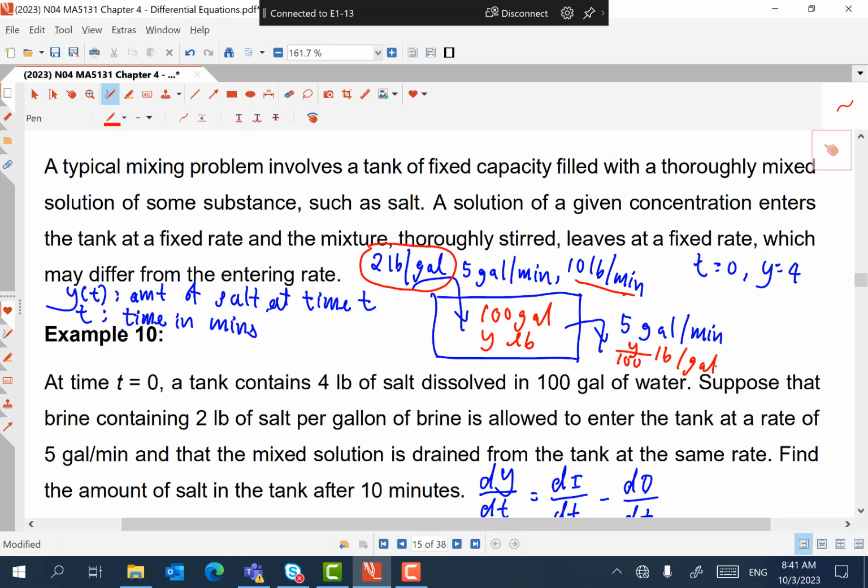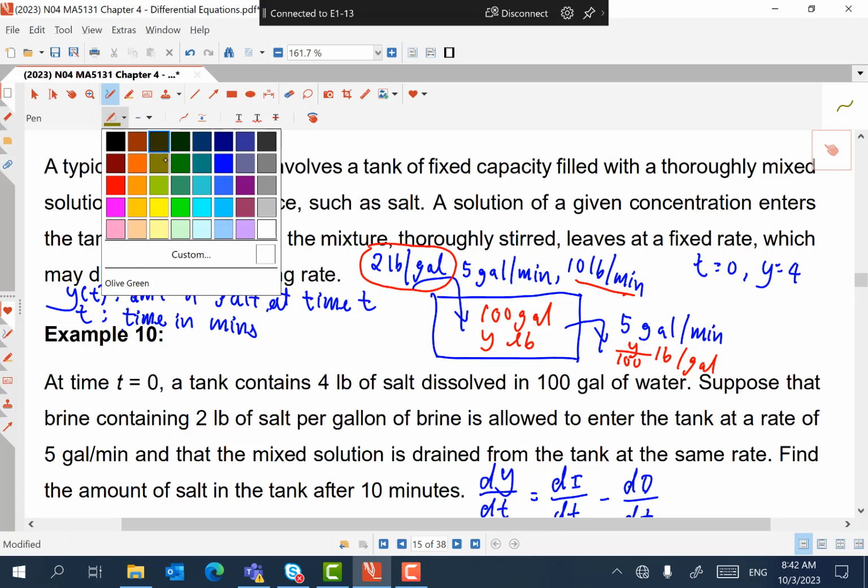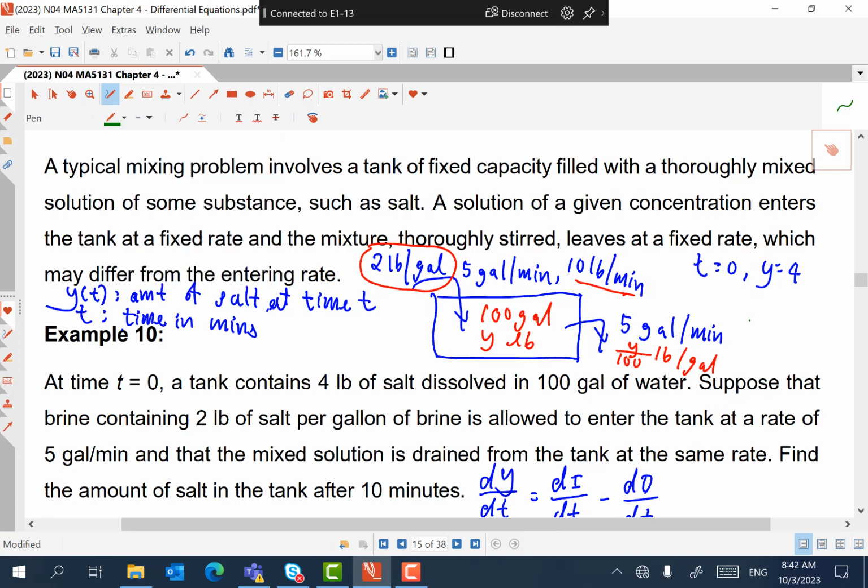So when you pump out 5 gallons of solution from the tank per minute, you are in effect pumping out how much salt? You are in effect pumping out 5 times y over 100 pounds of salt per minute.